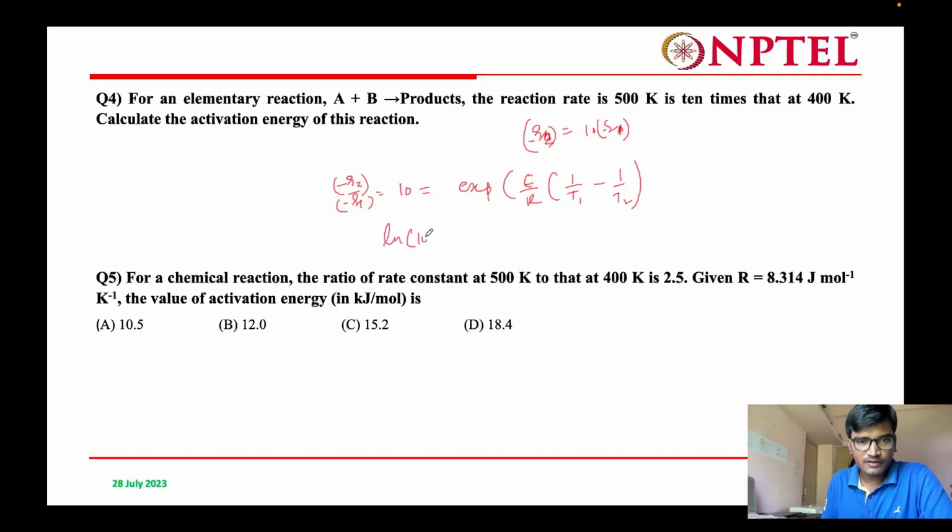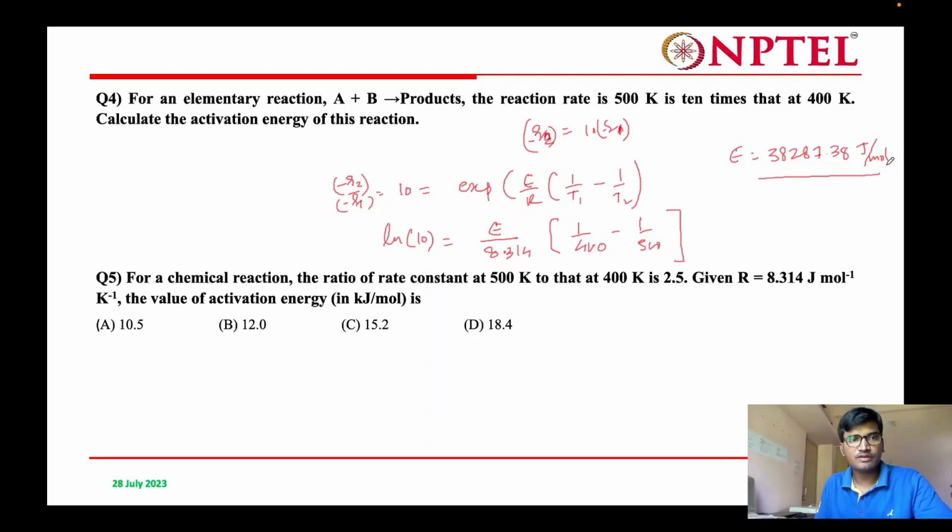R2 by R1 is 10, T1 is 400 Kelvin, T2 is 500, that's 1 by 500. So E is 38.38 kilojoule per mole. This is the activation energy of this reaction.